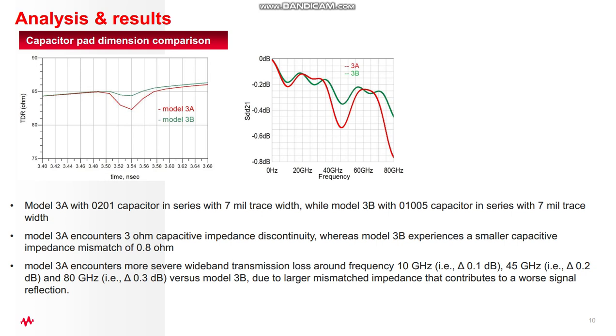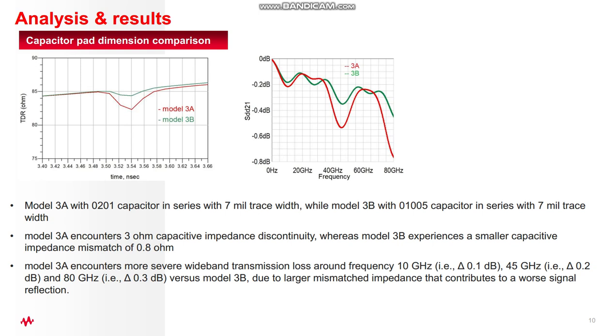Next, capacitor dimension comparison. Model 3A with 0201 capacitor in series with 7 mm trace width, while Model 3B with 01005 capacitor in series with a 7 mm trace width. Model 3A encounters 3 ohm capacitive impedance discontinuity, whereas the 3B experiences a smaller capacitive impedance mismatch of 0.8 ohm.